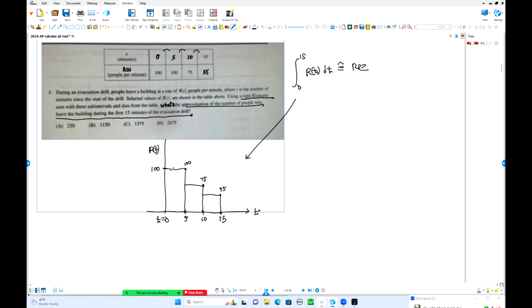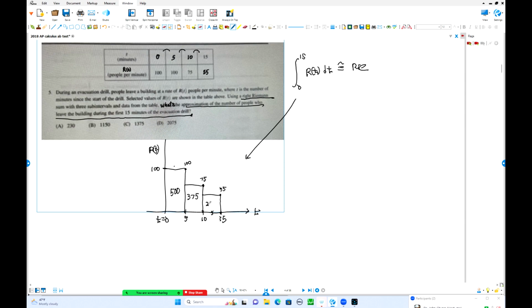This is 5, this is 100. What is the area of this one? 5 times 100 is 500 people during the first 5 minutes. From 5 to 10, 5 times 75 is 375 people evacuate. The last one is also 5 wide.